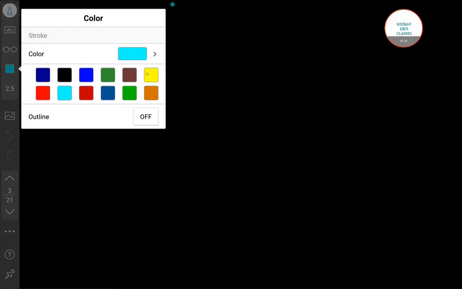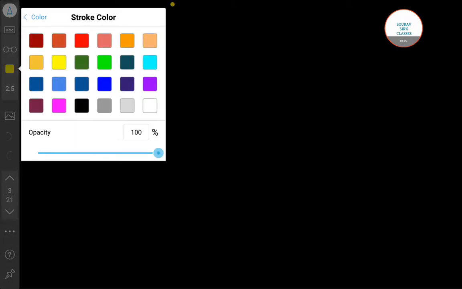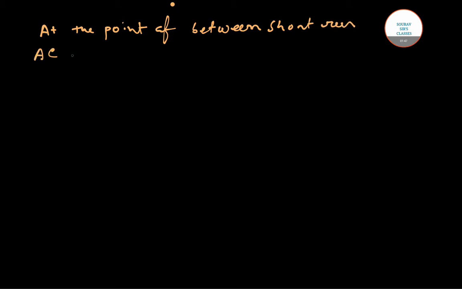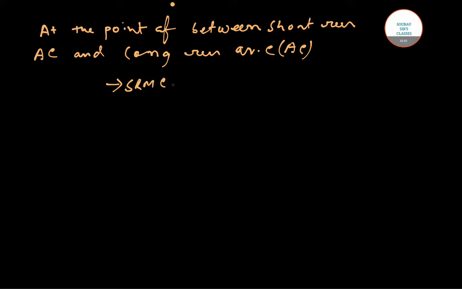So here what we have to do is, at the point of tangency between short run average cost and long run average cost, that is AC, the short run marginal cost we know is equal to the long run marginal cost.